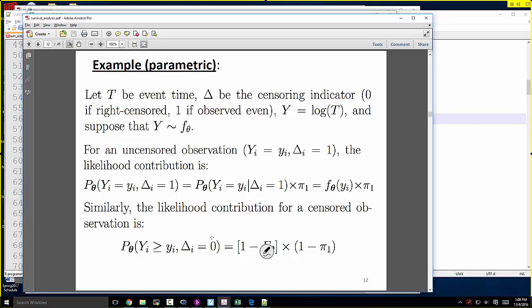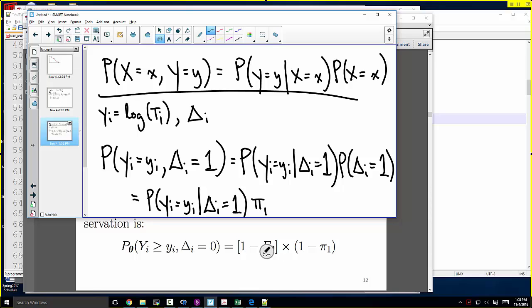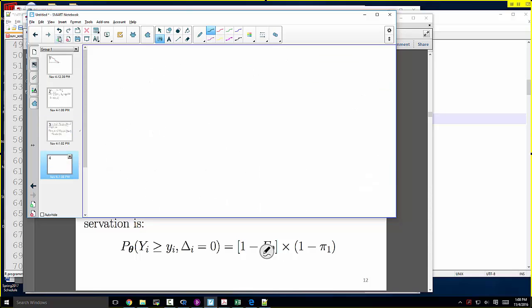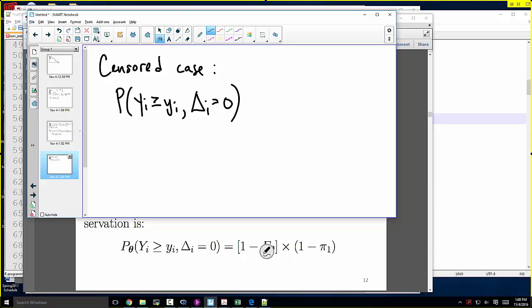And write that as a conditional, so let me write it over here. For a censored individual, we have the probability that y is at least little yi and censored, which is equal to joint times marginal: the conditional given censored times the probability of censored.